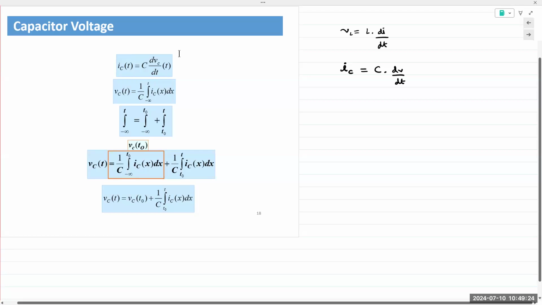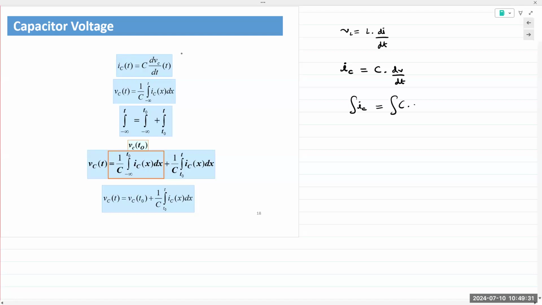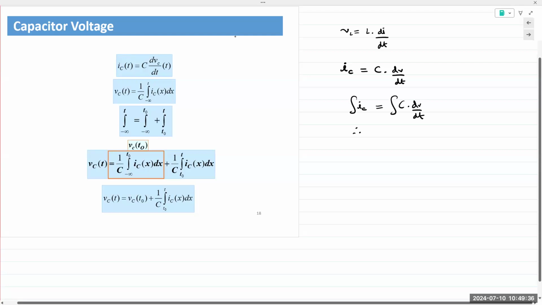If you wish to find the capacitor voltage, you would integrate both sides, and hence you would get v_C as the integral of i_C. I will talk about the integral limits when we get to the example problem.